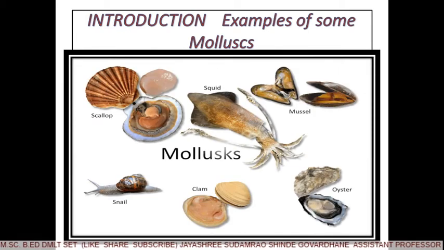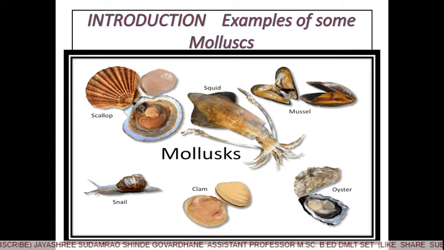Now see the introduction. In this, we are going to see some examples of mollusks. There are different forms of mollusks. Mollusca means the soft-bodied animals. You can observe so many molluscans in this slide.